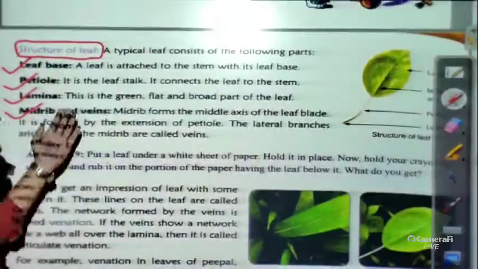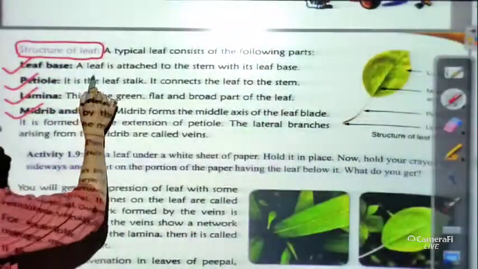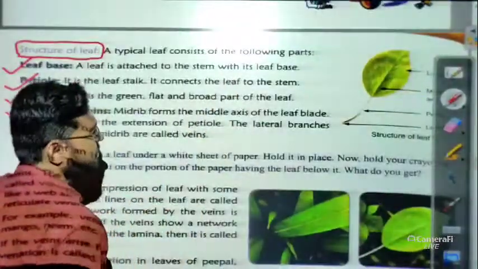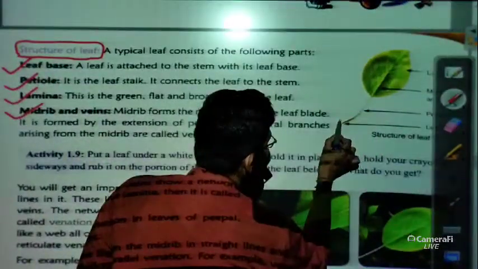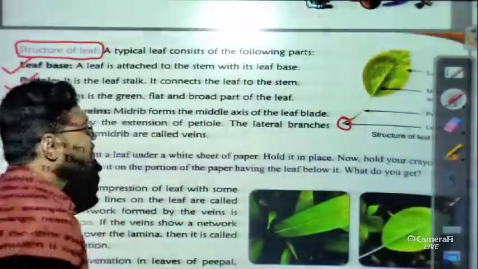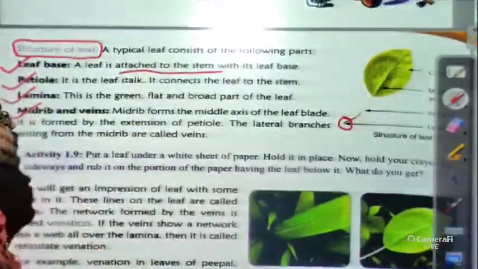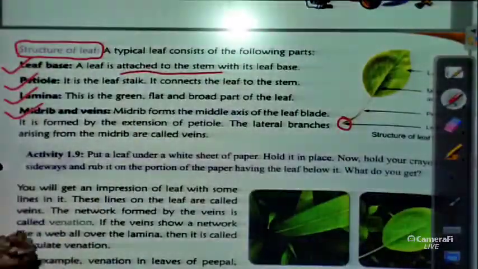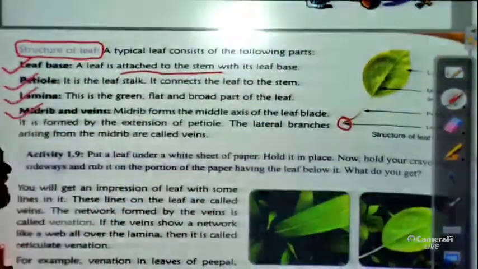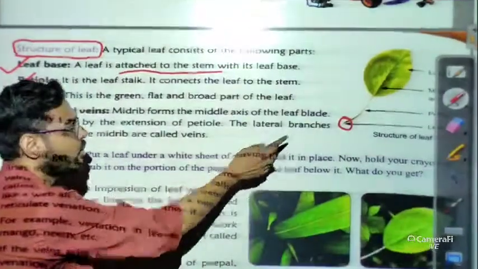First, the leaf base: a leaf is attached to the stem with its leaf base. This part is the leaf base. The very end part which is attached to the stem, we call the leaf base. You can see the picture here properly.